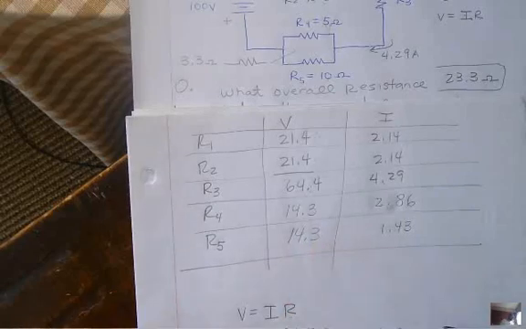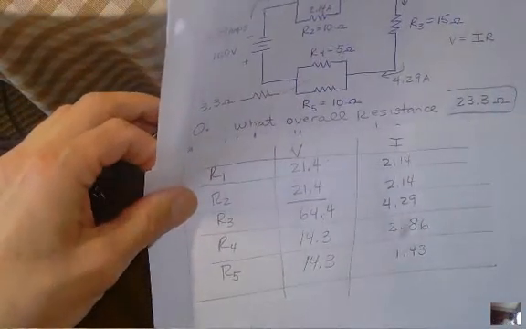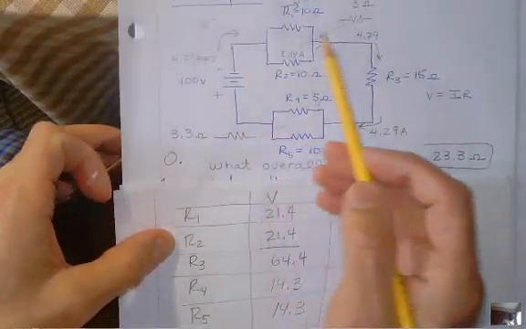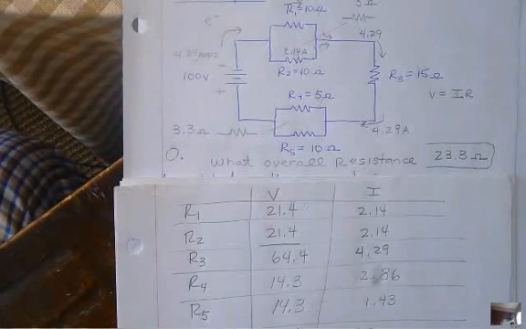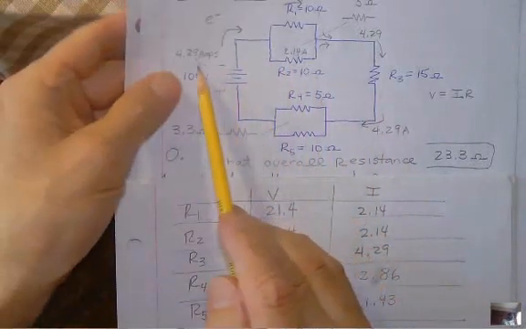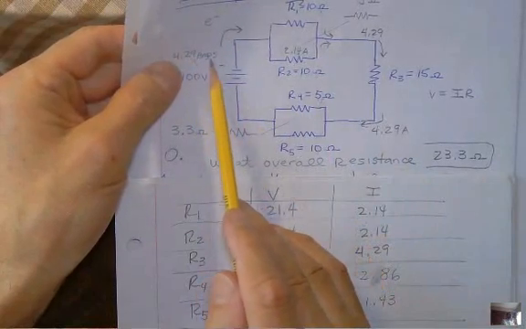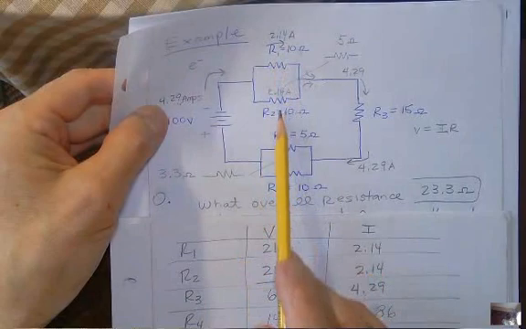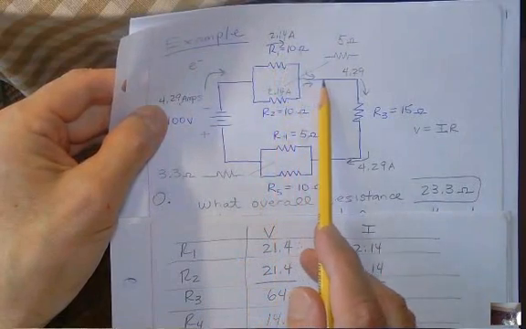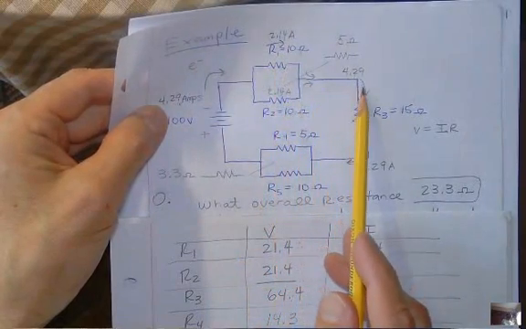All right, so I got my whole table. Let's see if it makes sense. First thing, any pathway that I go around, the currents always have to divide up and add back up to the total current, which is 4.29. So here comes 4.29. Half goes this way, 2.14, 2.14, gets back together to make the whole 4.29.